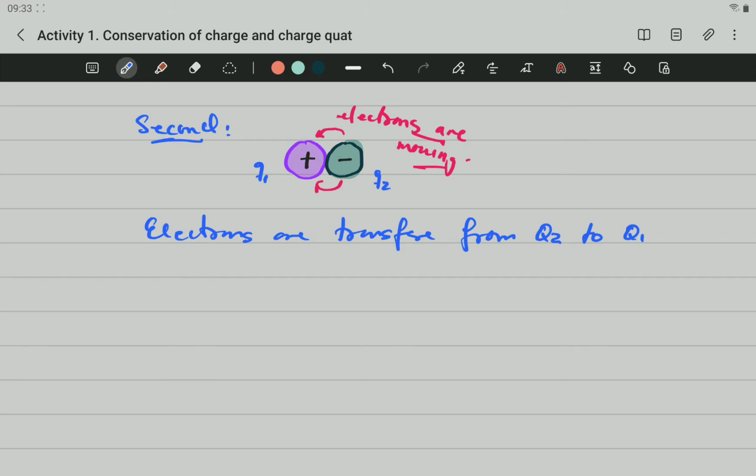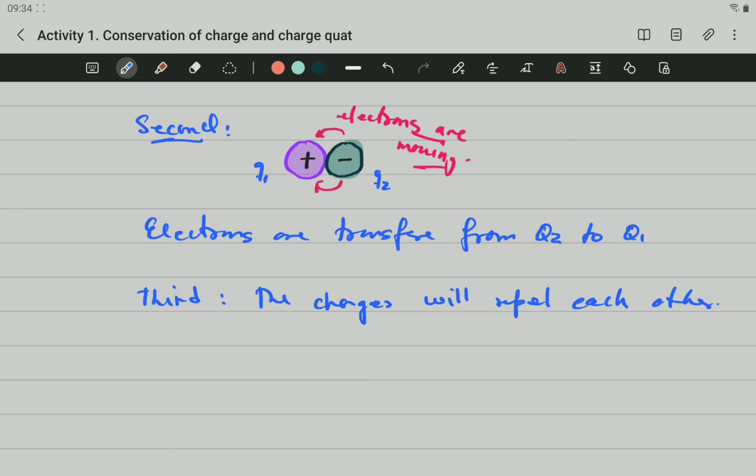Therefore, they will repel each other. So third, the charges will repel each other because now they are like charges.